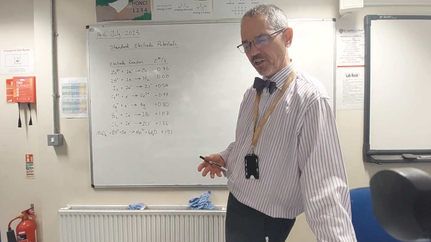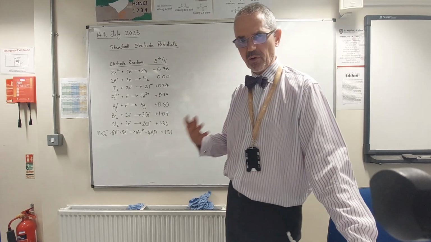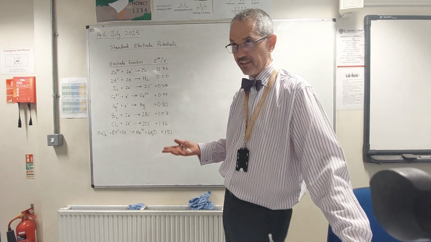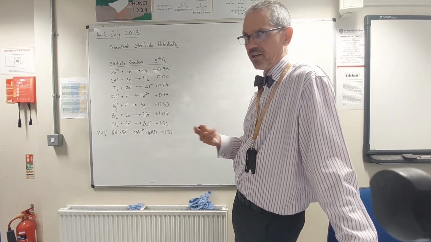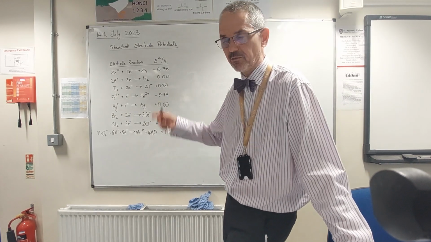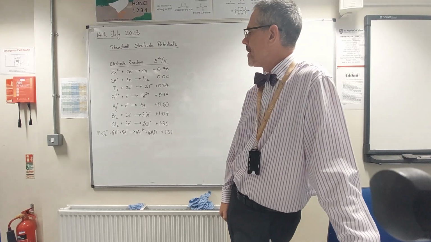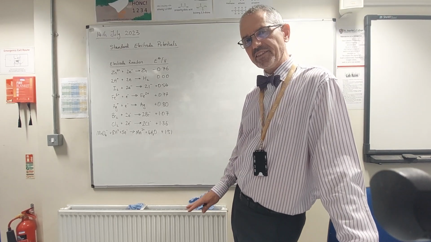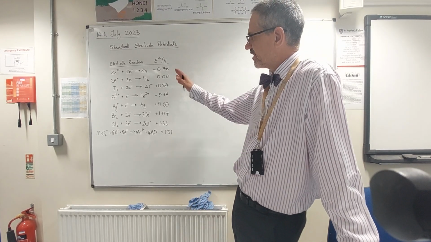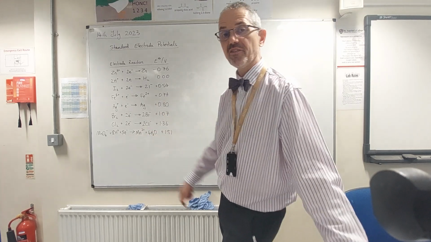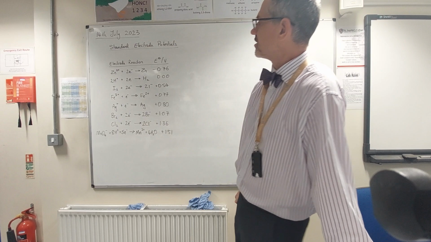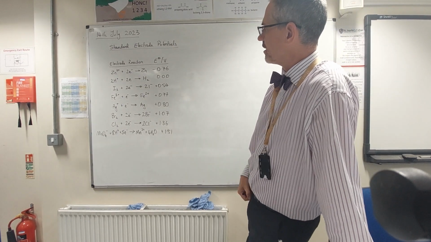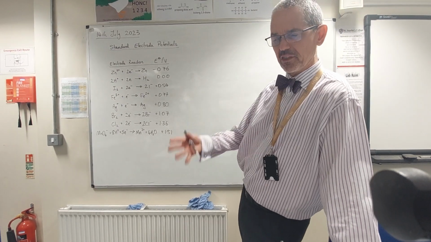Now, that might be fairly straightforward for displacement reactions. You might be familiar with the reactivity series. You know that zinc will react with copper 2 plus solution, but you'd know that silver wouldn't react with calcium 2 plus. But you might be less familiar with the E0 values for things like the halogens or other oxidizing agents, or even some ionic half equations where we don't go straight from the metal to the ion.